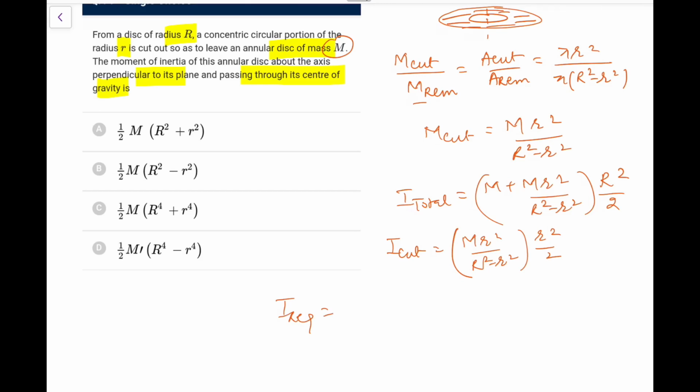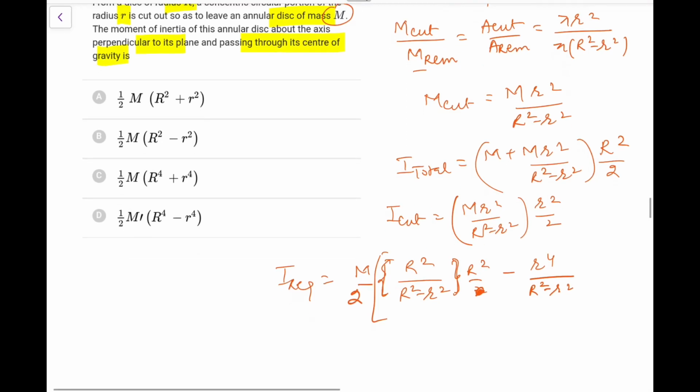If I do the difference of these two, take M as common, and simplify inside, it becomes R square upon R square minus r square into R square by 2, minus R to the power 4 upon R square minus r square, and here 2 I should also take common.